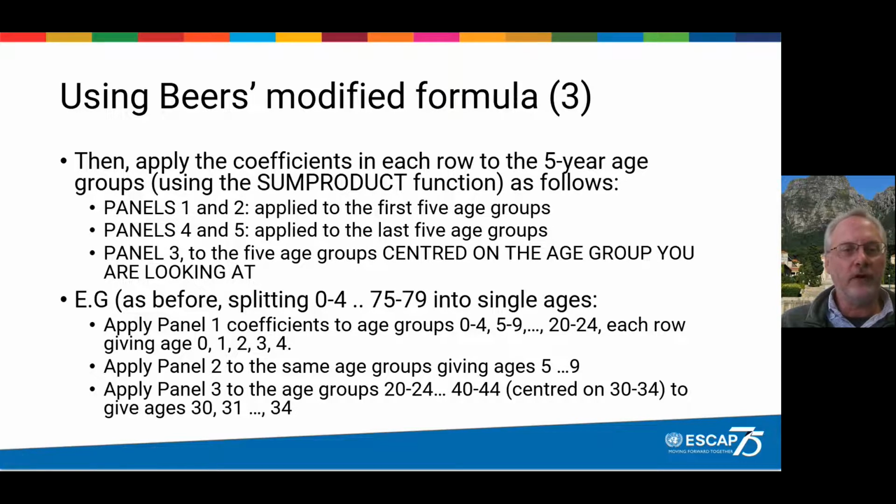We'd apply the panel 2 coefficients to the same age groups, 0 to 4, 5 to 9, up to 20 to 24, to give us the estimates of the single age populations from 5 through 9. And as a final example, we'd apply the panel 3 coefficients to the age groups 20 to 24, up to 40 to 44, which in this case would be centered on those aged 30 to 34, to give the estimates of the single age population at ages 30, 31, 32, 33, and 34.